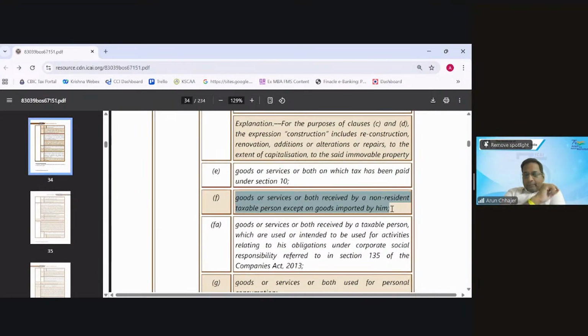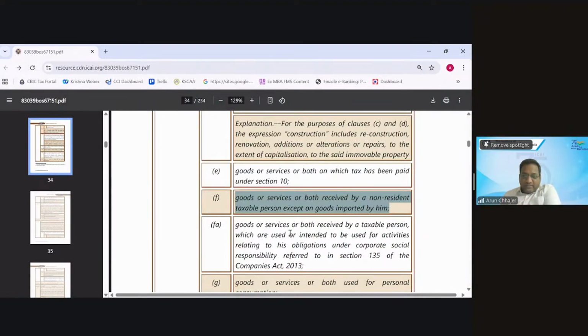How many days is his registration initially valid? The answer is 90 days, and further, he can subsequently extend it by another period of 90 days. That's it.